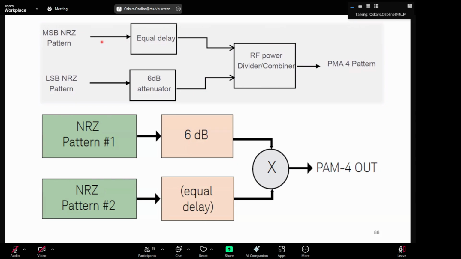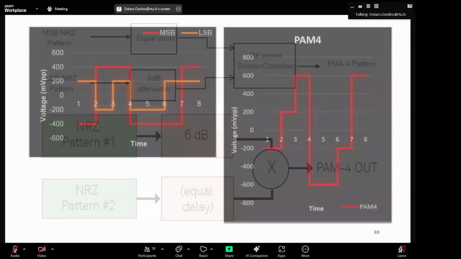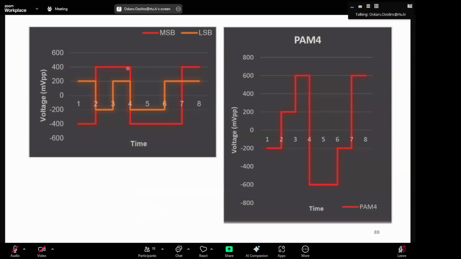This is how we were generating PAM4 signals. I will just go back and forth. This is what you do with the most significant bit: you have the same amplitude, and with the least significant bit, if you reduce it by 6 decibels in the electrical domain, then your amplitude is going to reduce by half, and here you can see it.